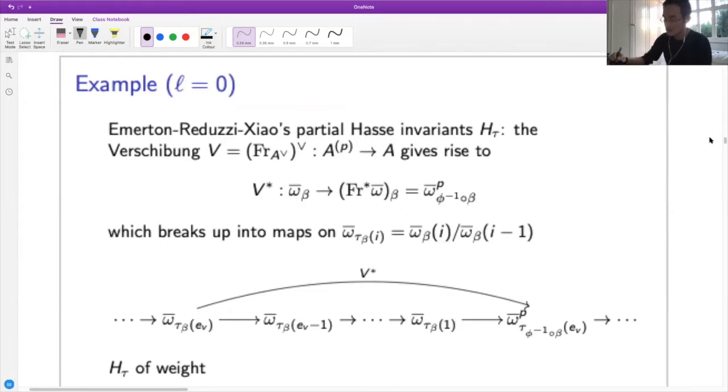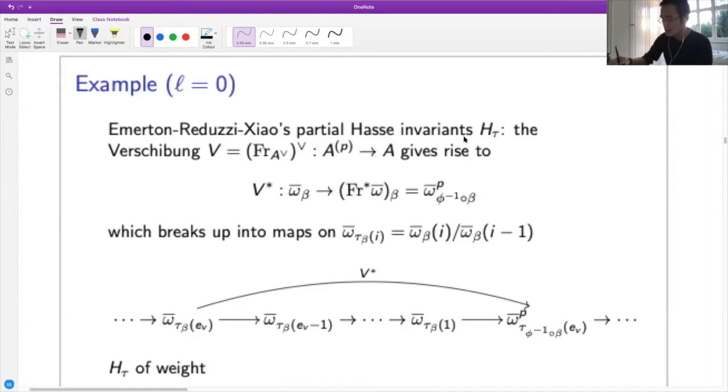So I'm going to quickly recall the definition. This was explained by Payman, but there's no harm in repeating it here. The relative Verschiebung, or the dual of relative Frobenius on the dual abelian variety, the Hilbert-Blumenthal abelian variety, would give you the map from A to A^(p).